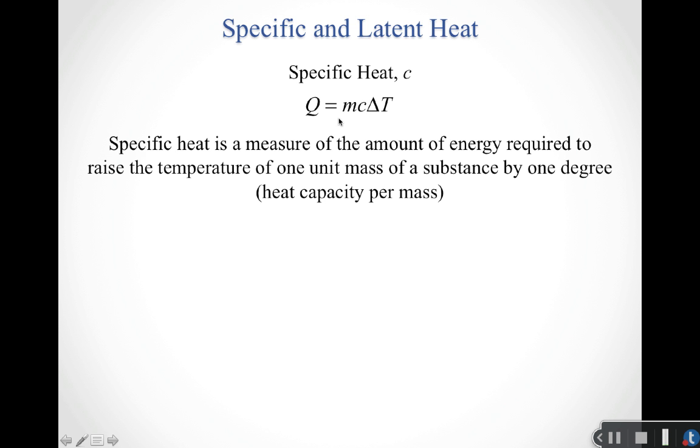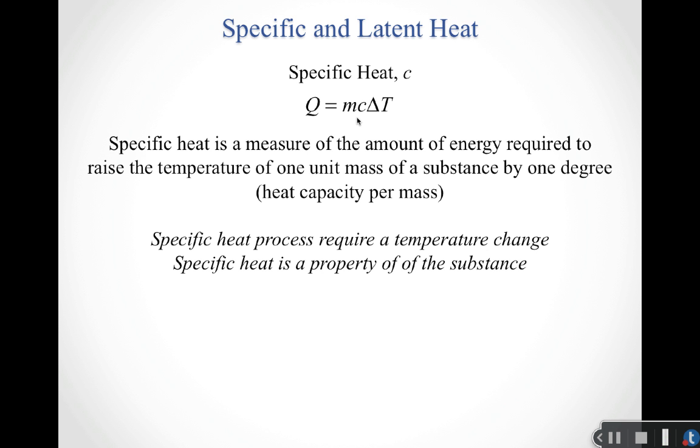Notice that basically what we've done is taken those same two things, the amount of stuff and the type of stuff, and split it apart. So the specific heat is a measure of the amount of energy required to raise the temperature of 1 unit mass of a substance by 1 degree, because we've split that piece out. So it's basically the heat capacity per mass.